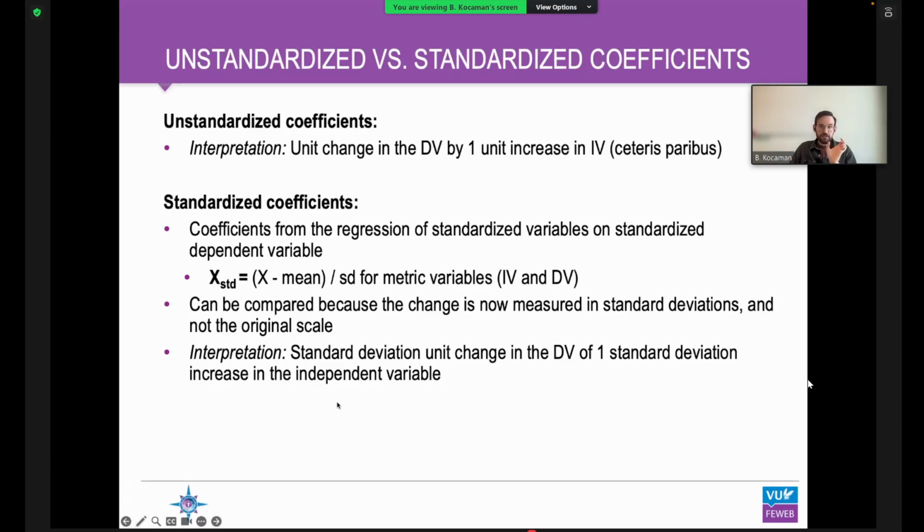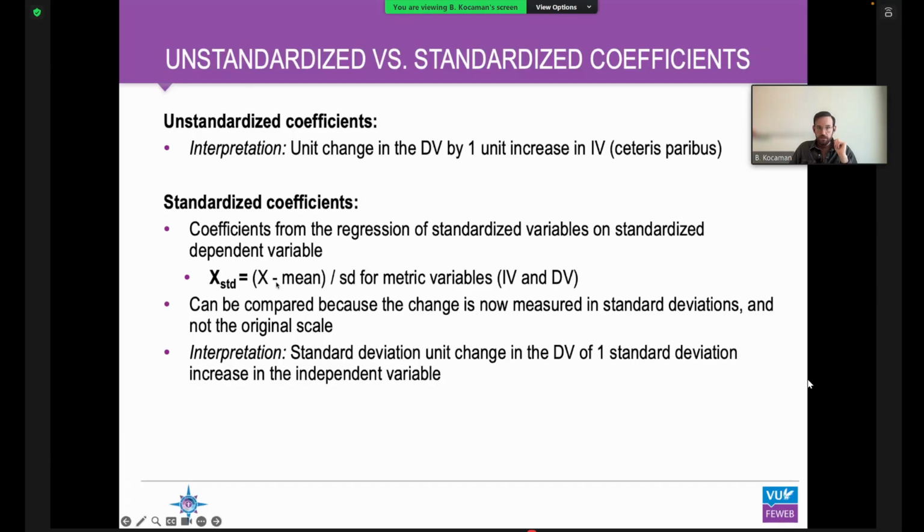So the standard deviation here will be uniform across at least the metric variables; that 1 unit change will always be a one standard deviation change. And how do we reach that? You basically use standardized metric variables in your regression.